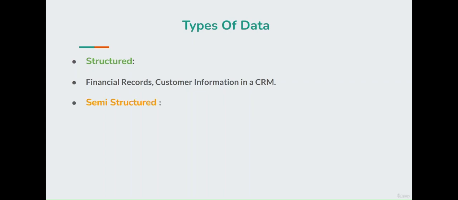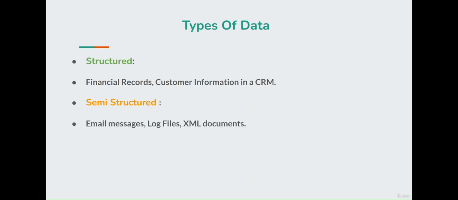Then we have semi-structured data, which is a type of data that does not have a rigid structure like structured data, but it contains some organization and tags that provide it partial structure. It contains both structured and unstructured elements. Semi-structured data often has predefined formats but also allows for variations and flexibility within that format.